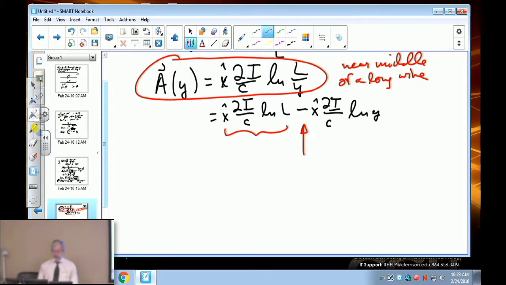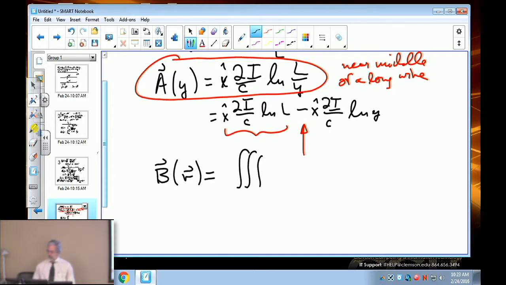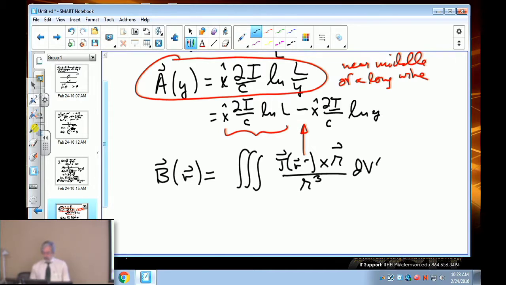The alternative is to actually do the integral, and the general integral is the current volume density crossed with the script R vector divided by script R cubed dV prime, which in this case, for the line current, B is equal to, oh, there's a 1 over C here.